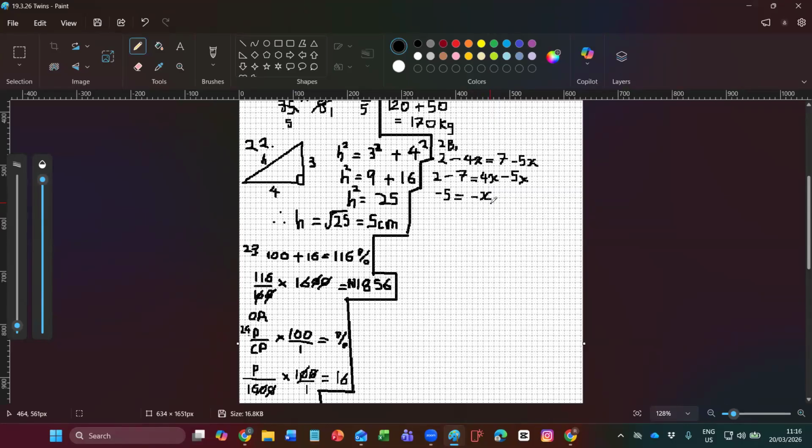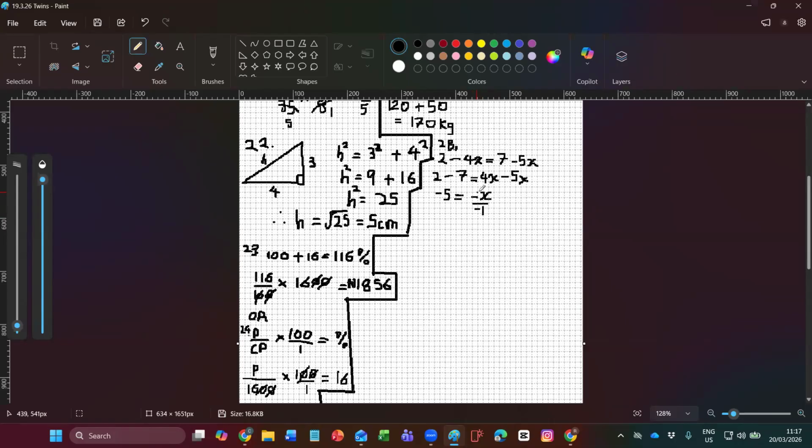Look at it very well. Divide both sides by minus 1. Minus 1, not minus 1x. It's minus 1 that is there now.